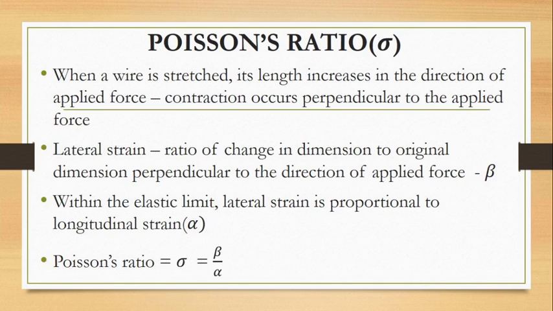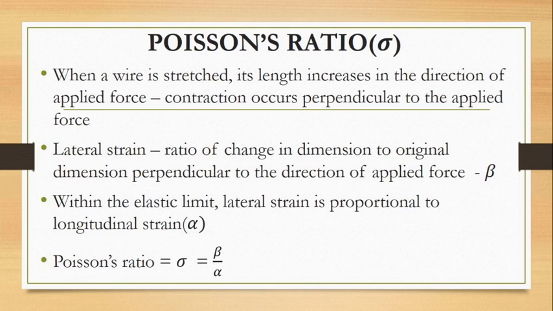Now, how can we define Poisson's ratio? Poisson's ratio is defined as, within the elastic limit, the lateral strain is proportional to longitudinal strain. So, beta represents the lateral strain and alpha represents the longitudinal strain.